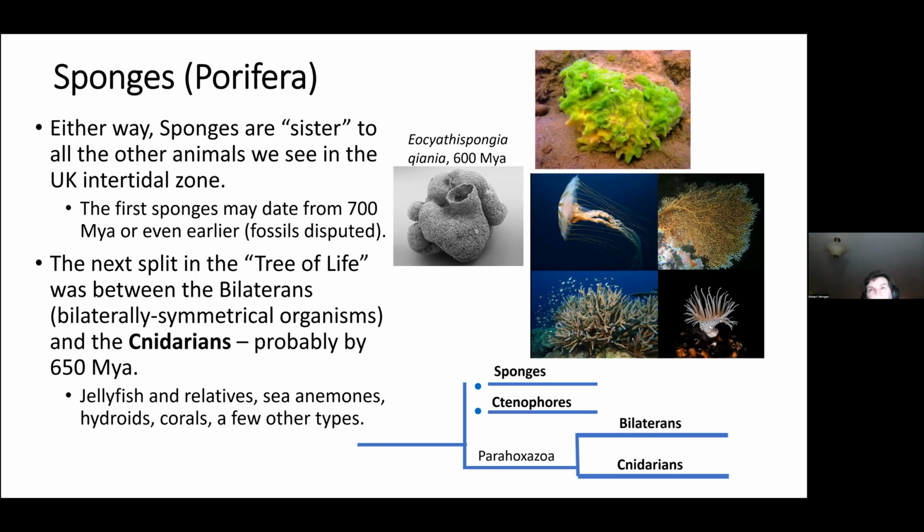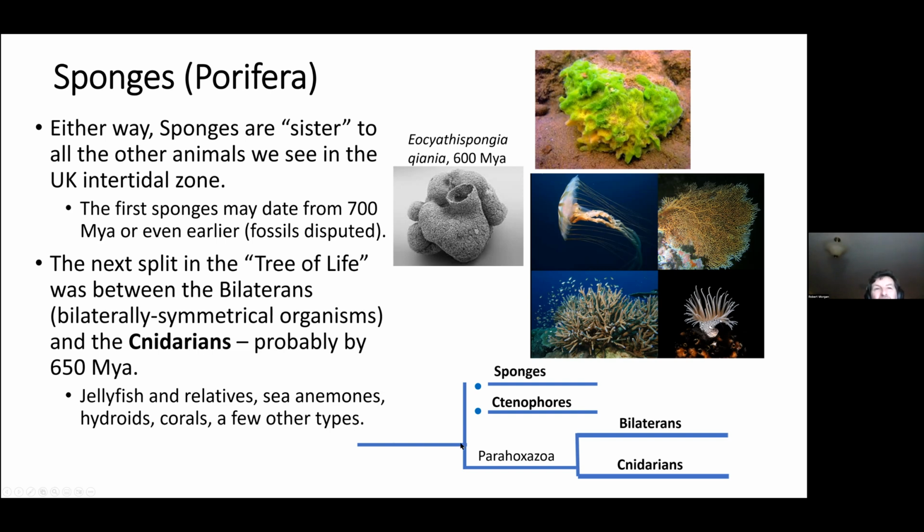But whichever way it was, the first animal fossil we've got that's undisputed that we're interested in is in fact a sponge. This tiny thing from 600 million years ago, and probably the sponges originated even earlier.